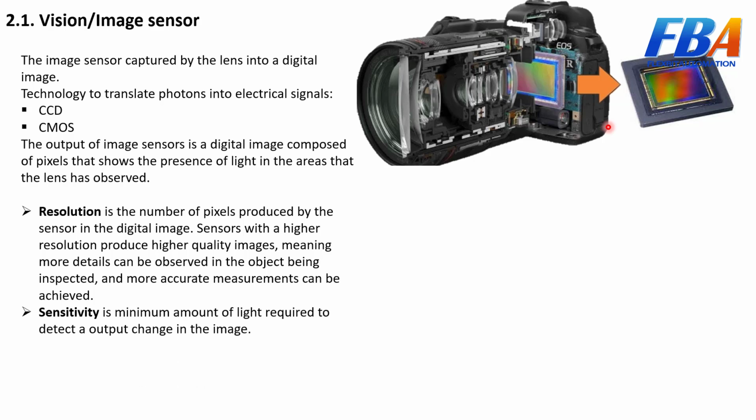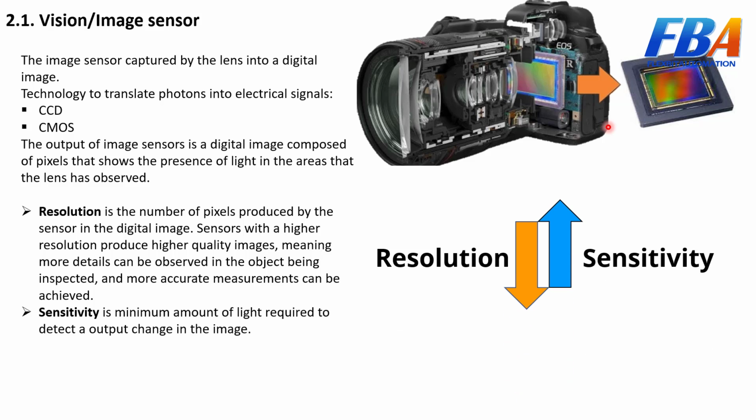The next one, sensitivity. That's the minimum amount of light required to detect an output change in the image. Resolution and sensitivity are inversely related to each other. An increased resolution will decrease the sensitivity.